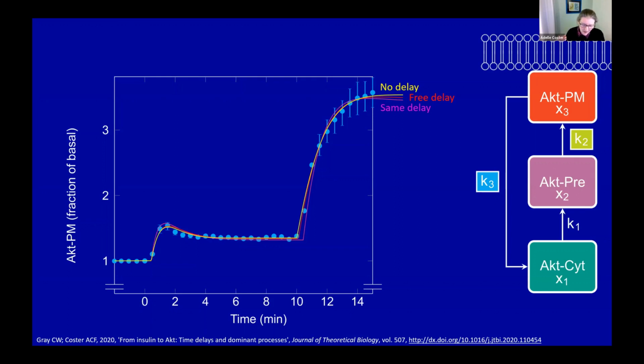So we've got this system working a little bit like a dimmer switch, right? Any application of insulin is the power on and off, and then the level of insulin ramps the dimmer up and down that controls the final level of the actual AKT at the plasma membrane.